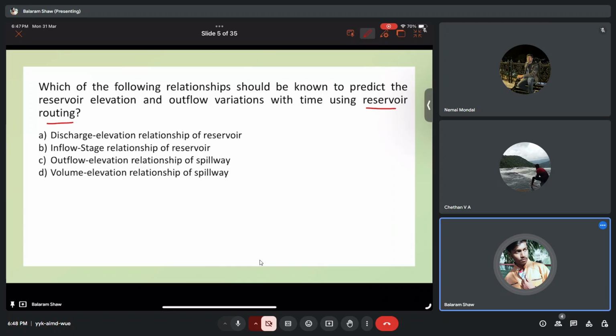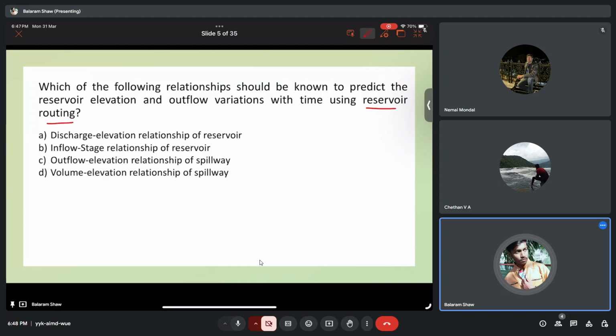Okay, so the next question is: the average inflow and outflow rates from a reach are 34 meter cube per second and 27 meter cube per second, right? You have to find out the change in storage in the reach in a time interval of 11 seconds.